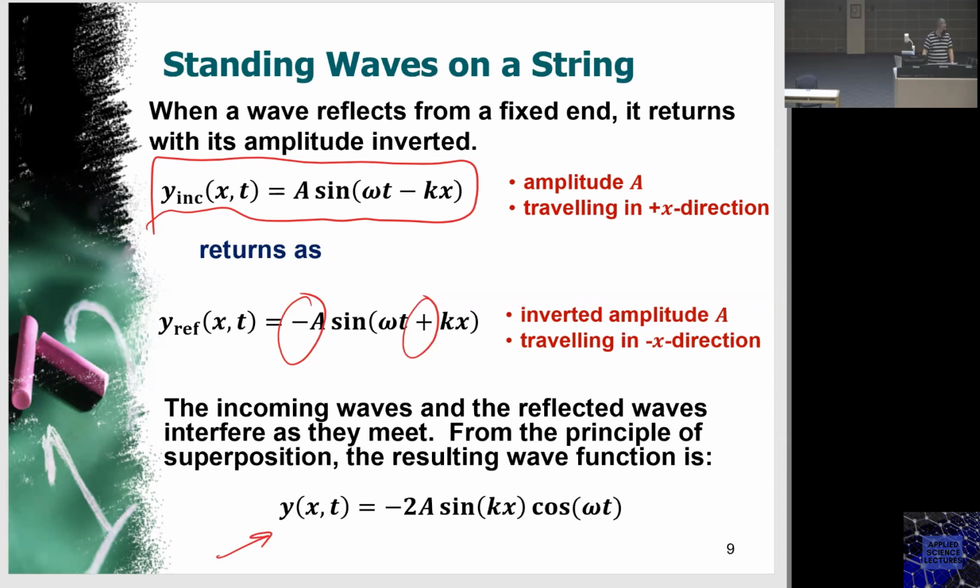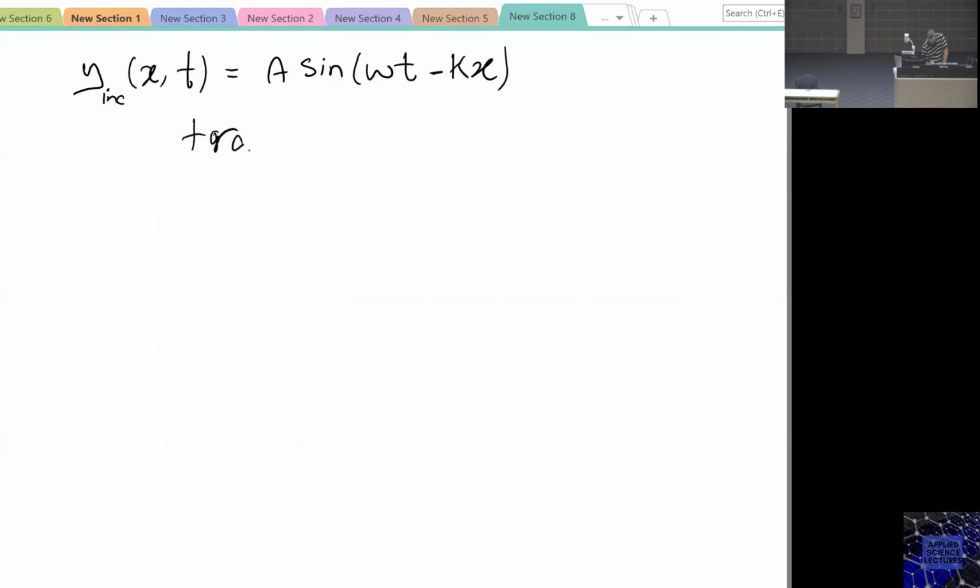Now, how did we derive this function? By applying the superposition. So if we say that the incident wave, which is a function of space and time, equals A sine omega t minus kx, traveling in the positive direction of x.